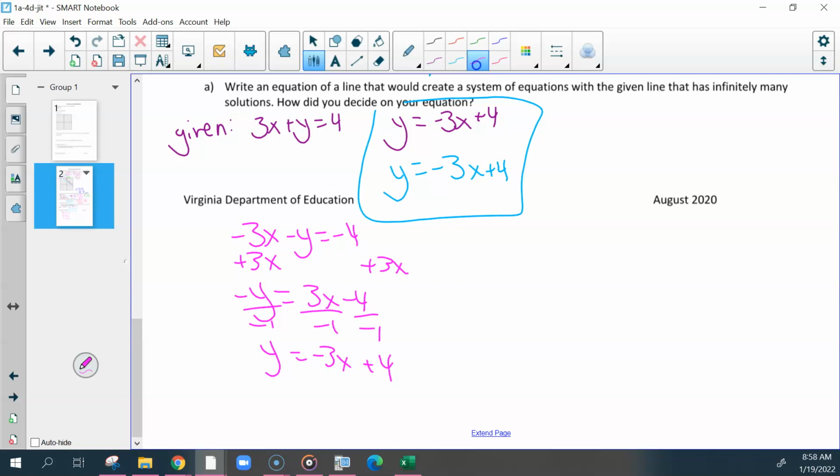Do we have any other questions on this? It's been a little bit since we've done the graphing and the substitution. Hopefully that came back to you. Today, we're going to be doing word problems, and we're going to be using all three methods, going through them one by one to show you that you can use any of the methods for the word problem.